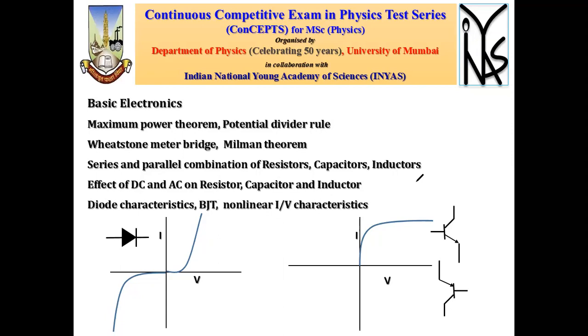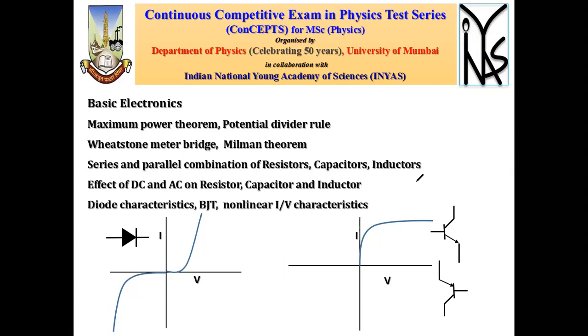So we can understand the role of frequency: as the frequency changes, the material starts changing its property, and its capacitor effect or inductor effect comes into the picture. So we have to be careful about the frequency effect on resistor, capacitor and inductor.